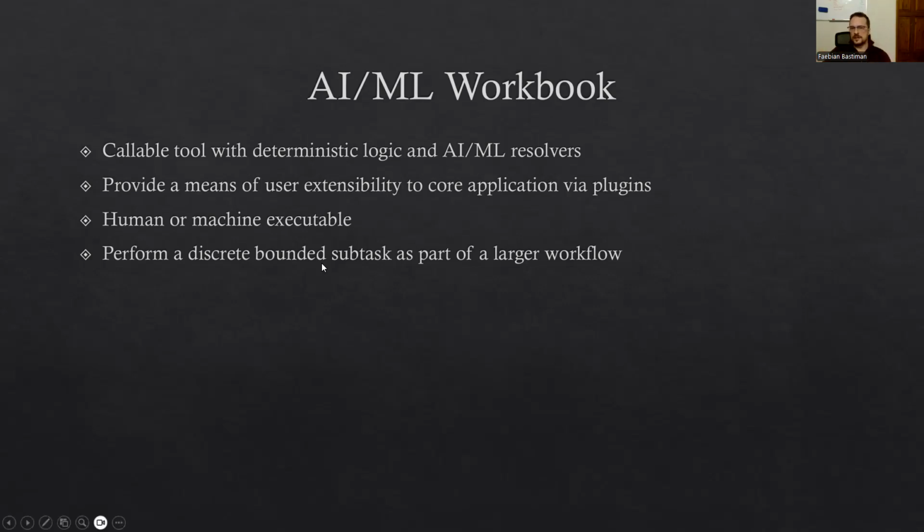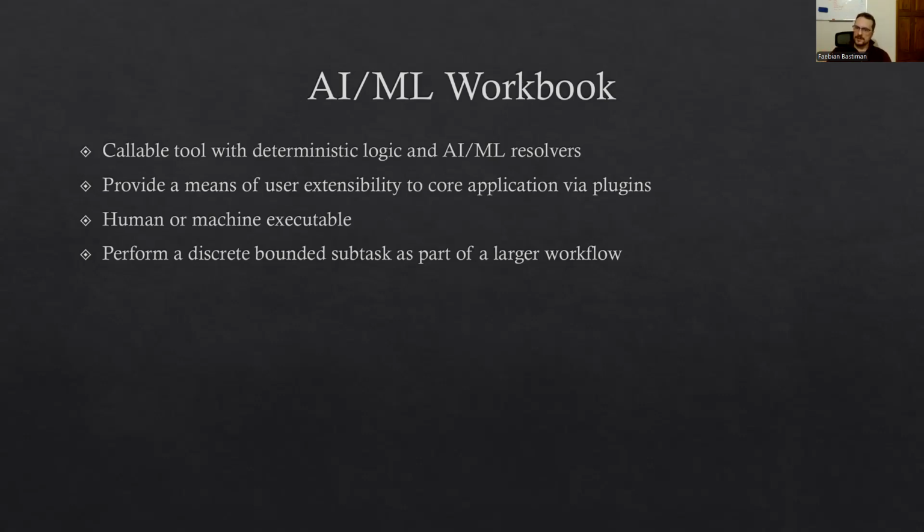This one is how you do a very complex subtask. It actually has many steps, but it's only part of the overall process. And this is a callable tool with deterministic logic, which means the decision process is hard-coded, but it can use AI and machine learning models as resolvers when the decision is implicit, or there are many variables.